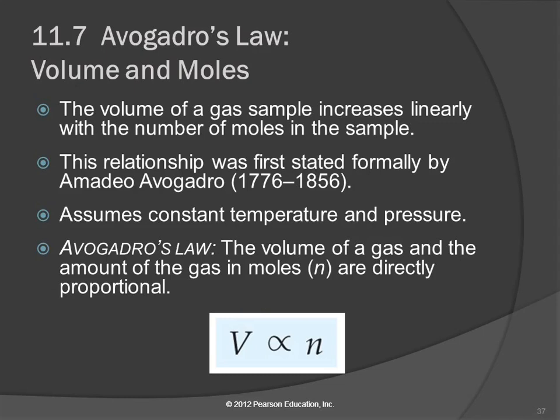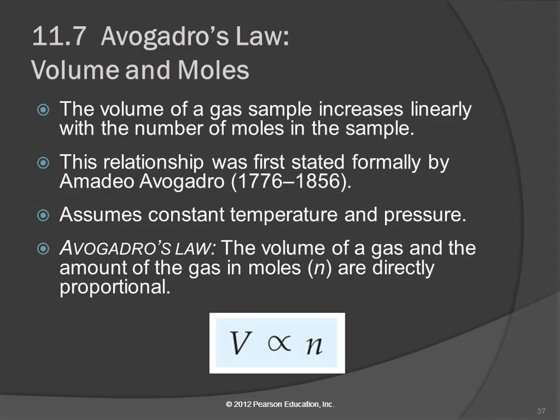And where have we heard Avogadro's name before? Avogadro's number, right? The number of pieces or items in a mole. And the concept of a mole came out of his work, because this is what helped them to understand that it has to do with the particles and not with the mass of something.